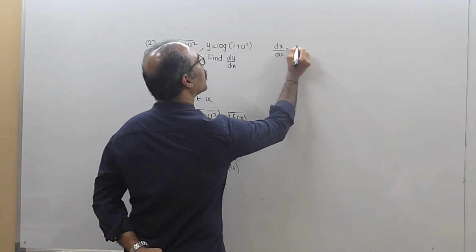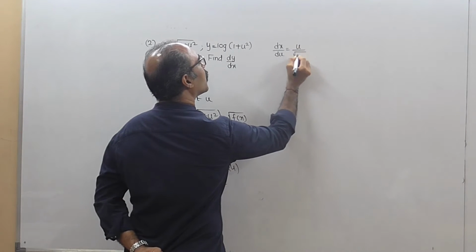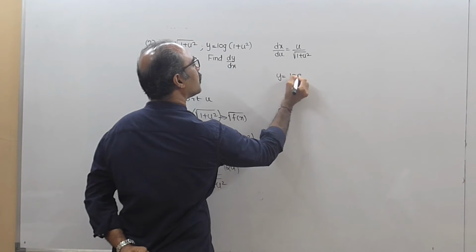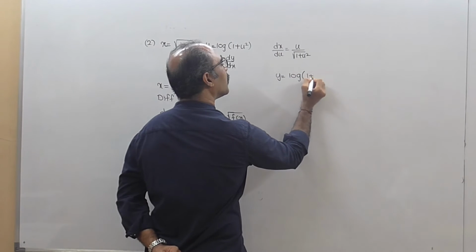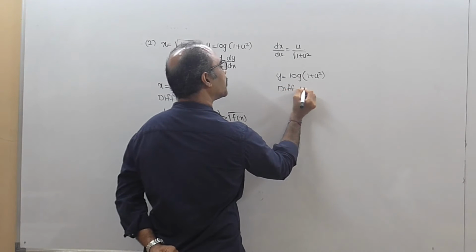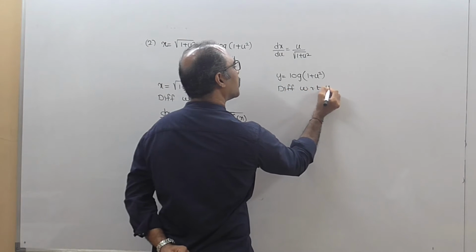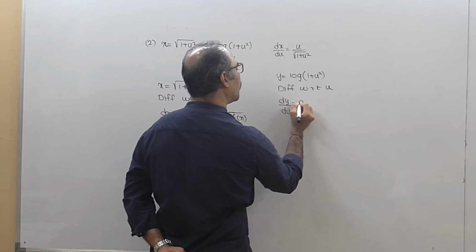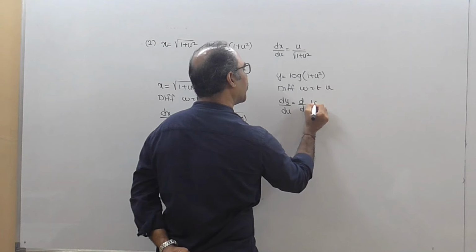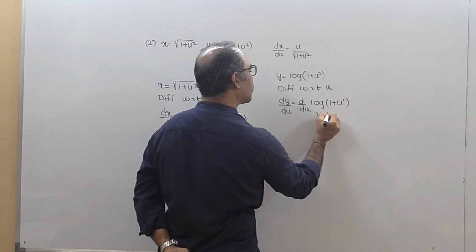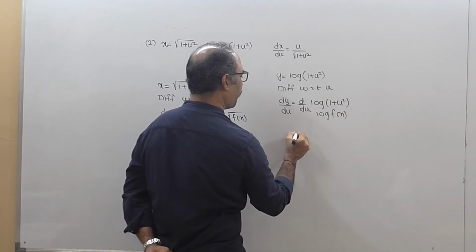dx by du equal to u upon root of 1 plus u square. y equal to log of 1 plus u square, differentiate with respect to u, we get dy by du equal to d by du of log of 1 plus u square. This is in the form of log f of x.